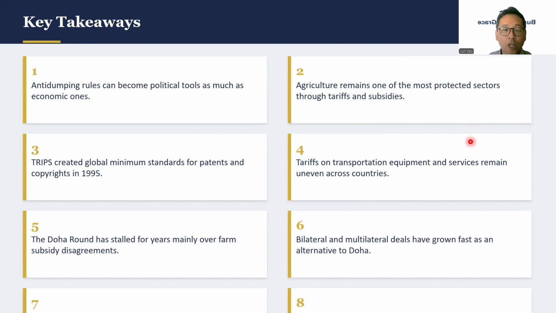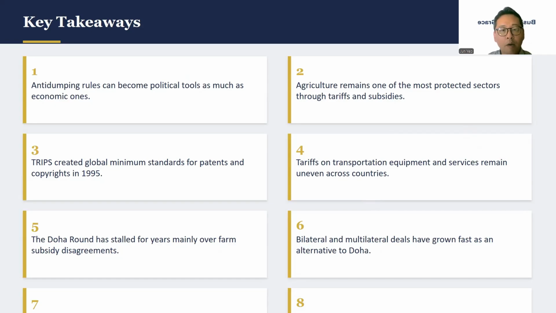Tariffs on transportation equipment and on services remain uneven across countries, with the developing nations often charging the highest rates. The Doha Round has stalled for many years, mainly because of disagreement over farm subsidies.